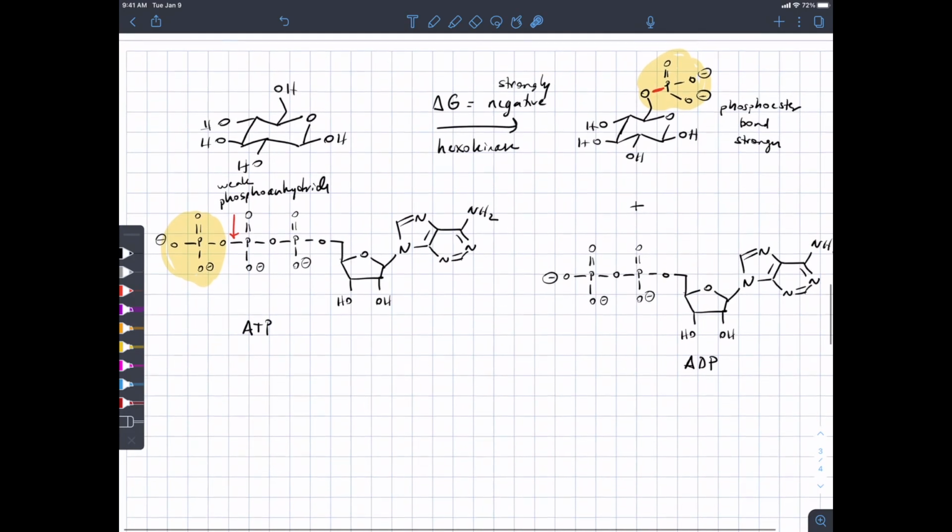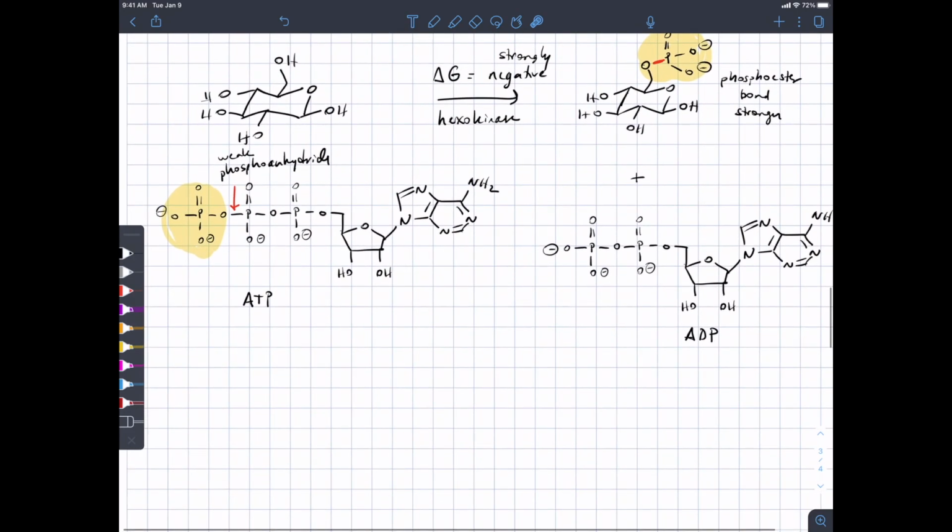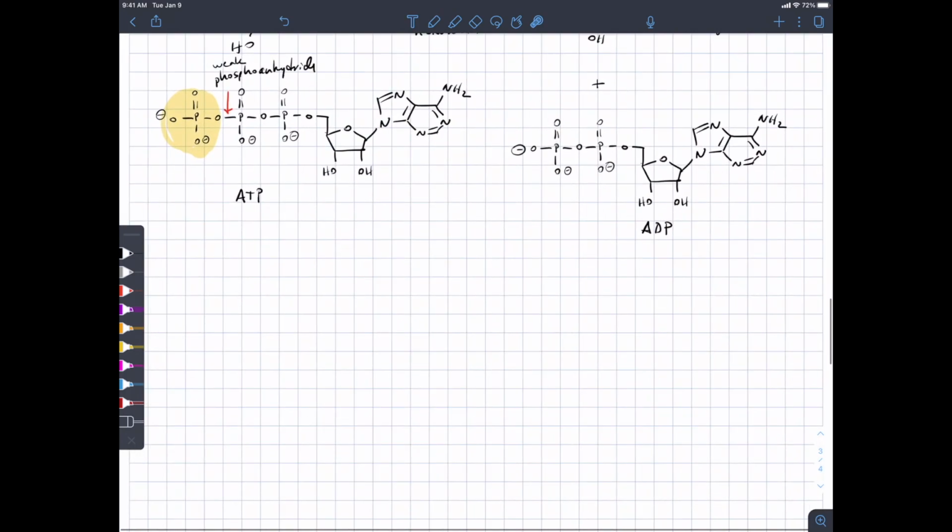Does that make sense? Stronger bonds, yes, release. The energy released when you form stronger bonds more than compensates for the energy absorbed when you break the weaker ones. Okay, and this is true for ATP hydrolysis as well.